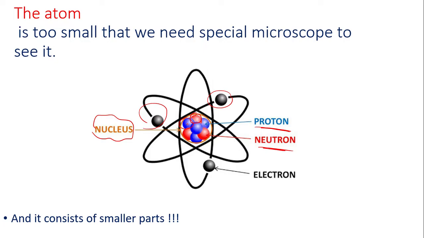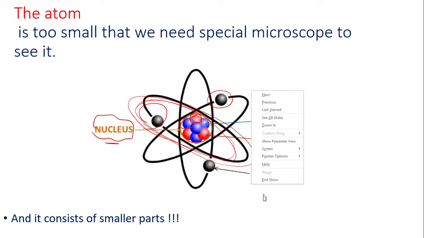The blue one, we color it blue, of course it's not real blue, we call protons. While the red one inside the nucleus beside protons are neutrons. The ones around, spinning so fast, running, we call electrons.